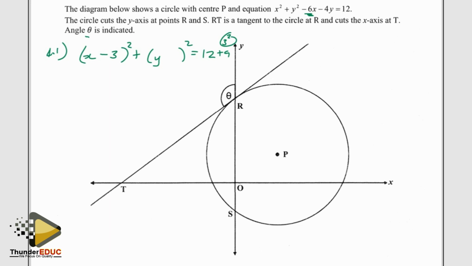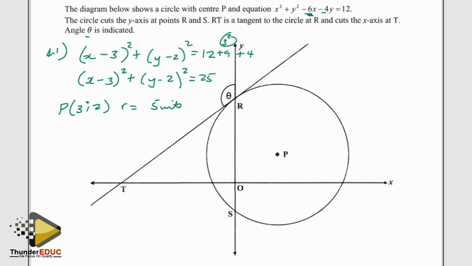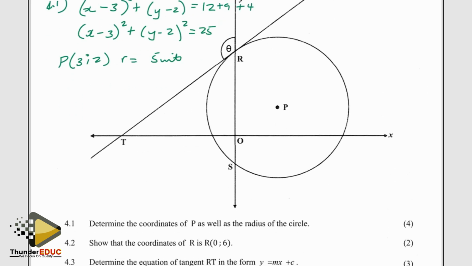Then half of negative 4 is negative 2, so I must add 4 since it is 2 squared. So this is going to be the same as (x minus 3) squared plus (y minus 2) squared is equal to 25. So this means that P is (3, 2), and the radius is 5 units. So that's what was needed with 4.1.